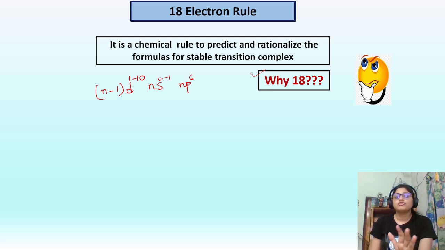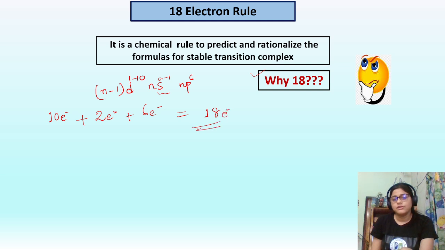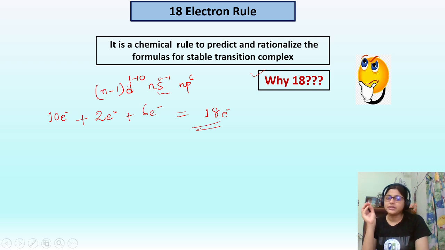So we know the highest number of electrons that can be filled in the d orbital is 10, in the s orbital is 2, and in the p orbital is 6. So as a total, 10 plus 2 plus 6, it will be 18 electrons. We know that if orbitals are fully filled or half filled, that will be more stable.